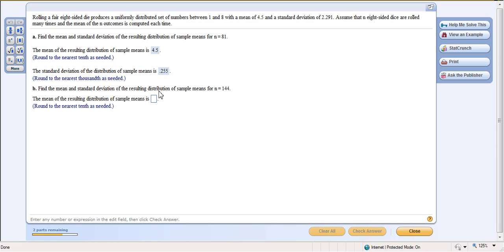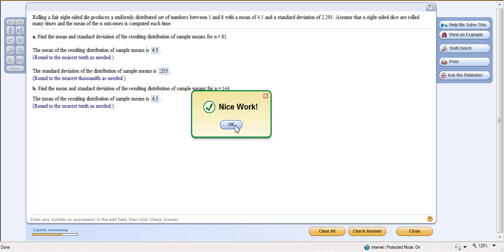And then we're going to repeat the process here. Find the mean and standard deviation if we had a sample size of 144. Well, the mean of the original distribution was 4.5. This one is going to be also 4.5. Check answer, good.